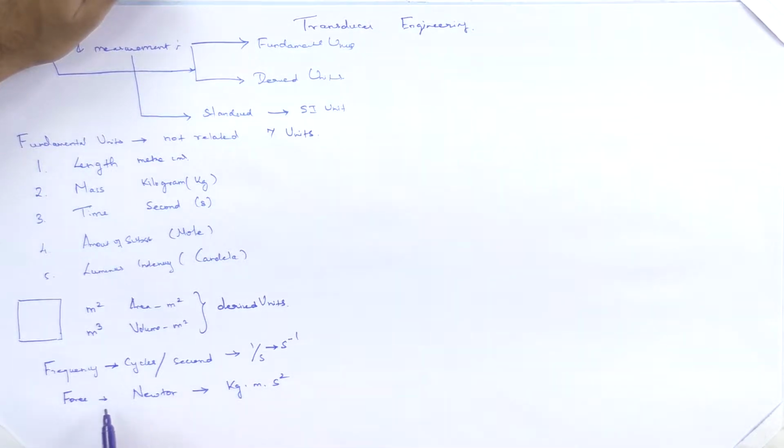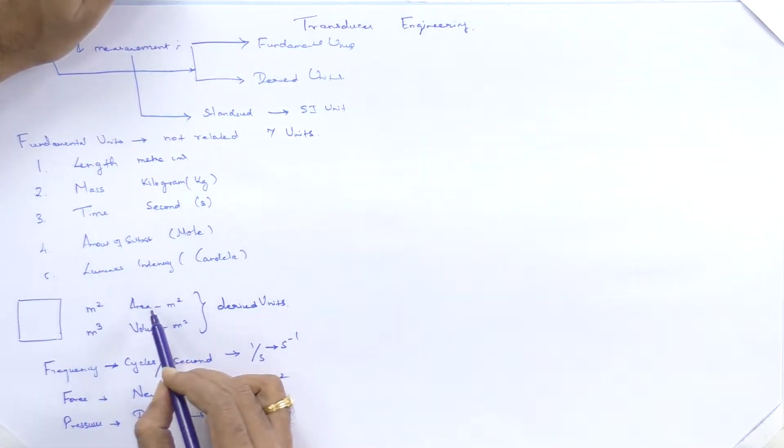That is what we see in Newton. And this also applies for pressure. Here it becomes Pascal in the normal terms, represented with the unit of Pascal, and here it all becomes reversed. So these are all derived units.